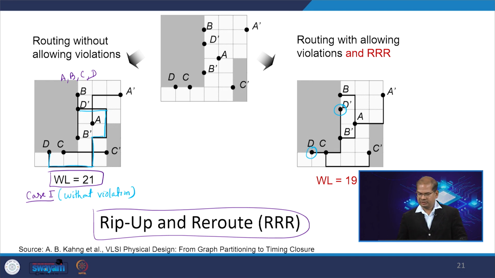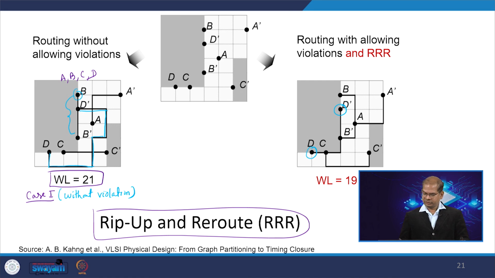Then what we are doing? We are detouring the B. Earlier the shortest distance for B was this much. Now, the distance of B is increased by some amount. However, the net D is reduced by a large amount. The overall net length is reduced.